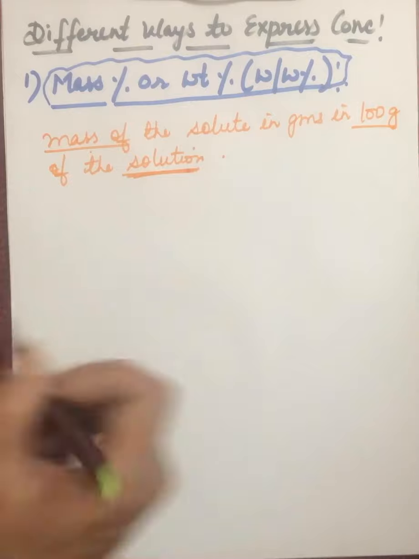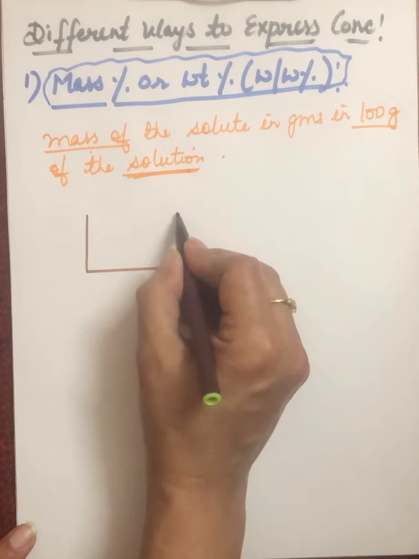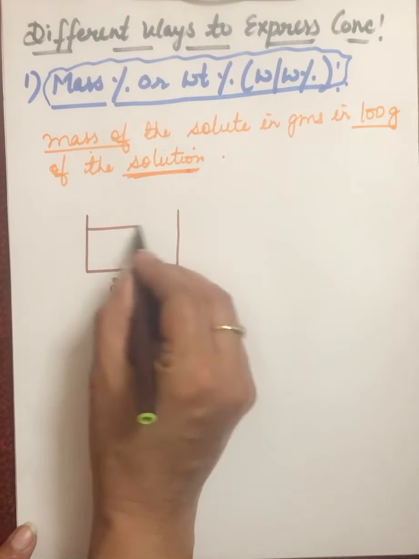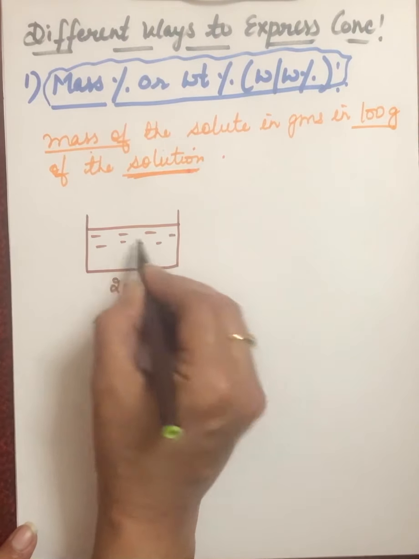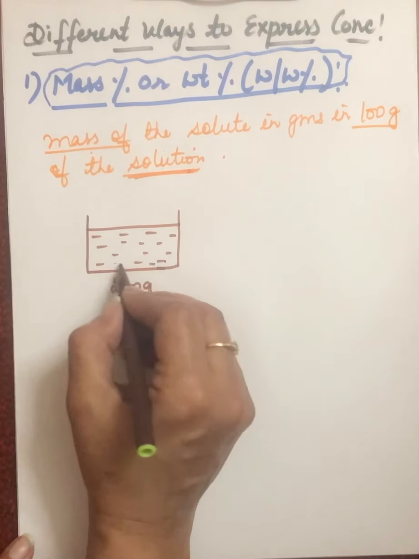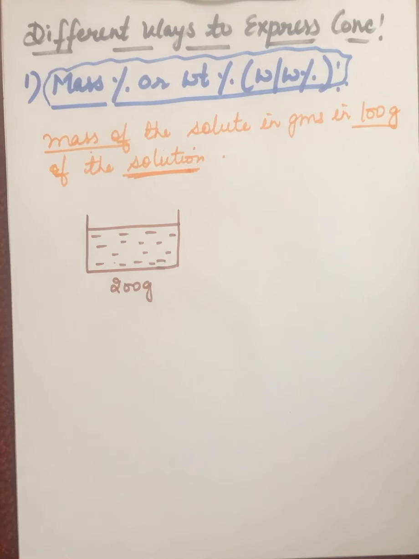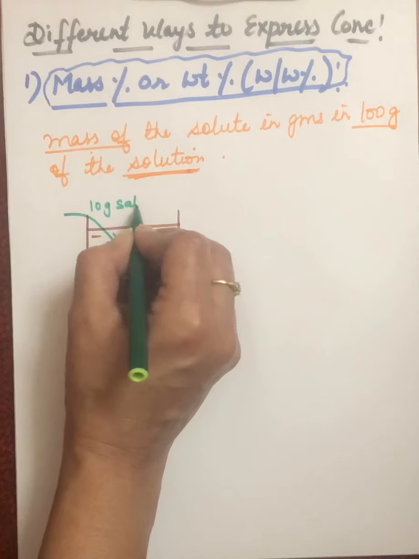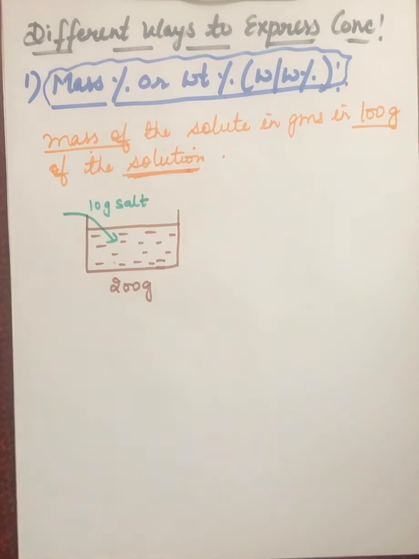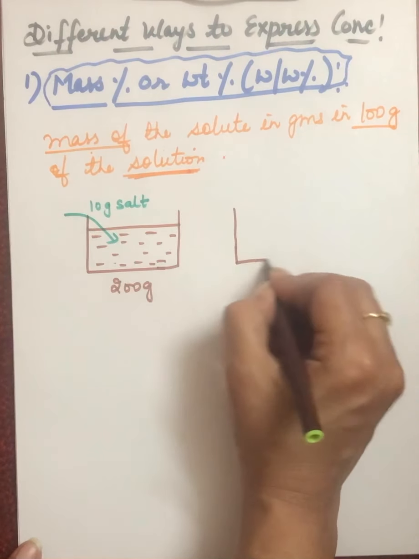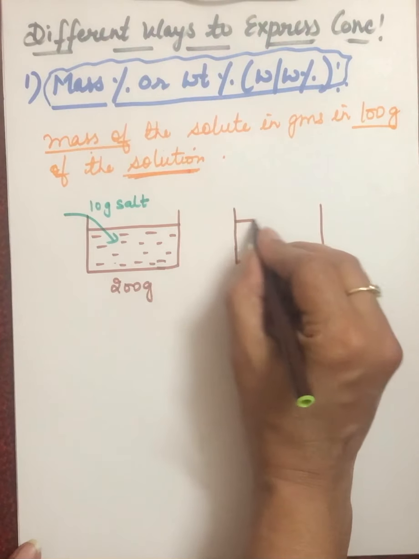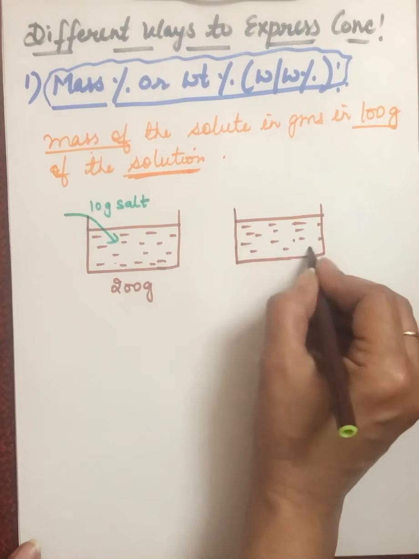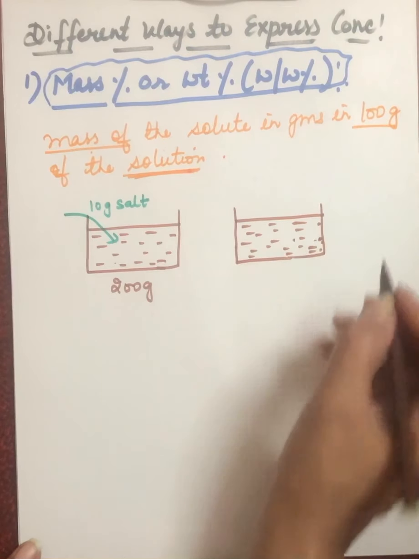For example, we are taking, let's say, 200 gram of water or any solvent. And to this we are adding 10 gram of salt. And then we will get its solution, the solution we have got by adding the salt into 200 gram of water.